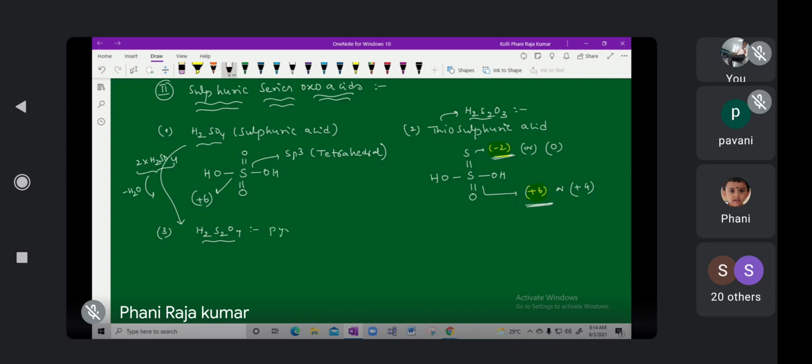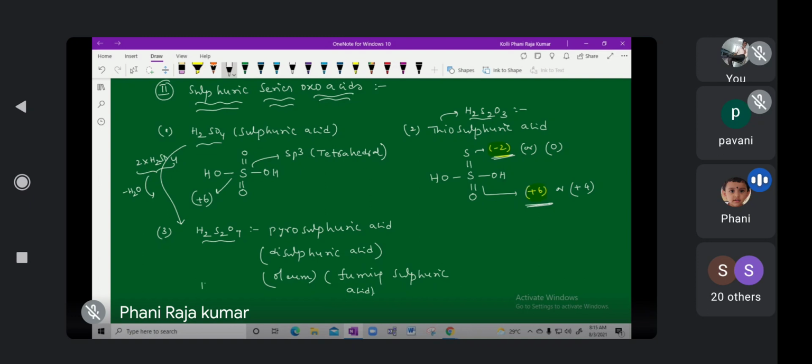That's why this is called as pyrosulfuric acid or disulfuric acid. Disulfuric acid, also called oleum, also called fuming sulfuric acid.